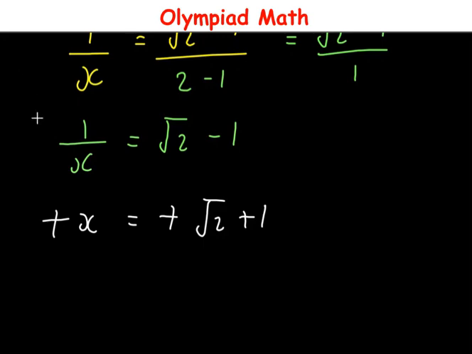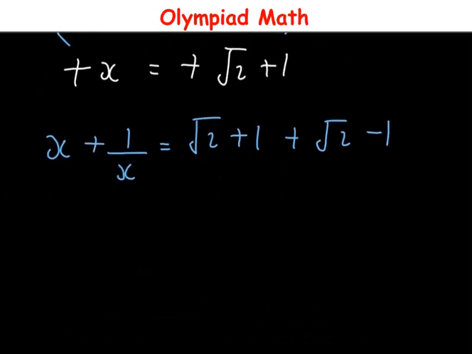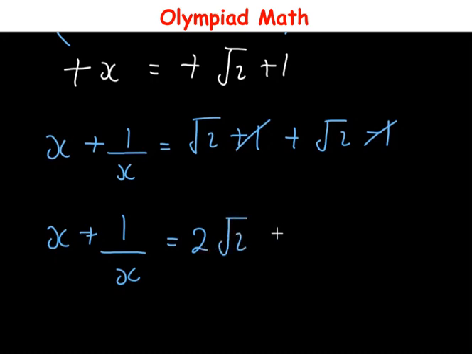Now adding this, what we have is x plus 1 over x on the left hand side equals root 2 plus 1, then plus root 2 minus 1. So from here, x plus 1 over x equals, plus 1 cancels minus 1, we have root 2 plus root 2, that will give us 2 root 2. And with this, we have the first equation, equation 1.